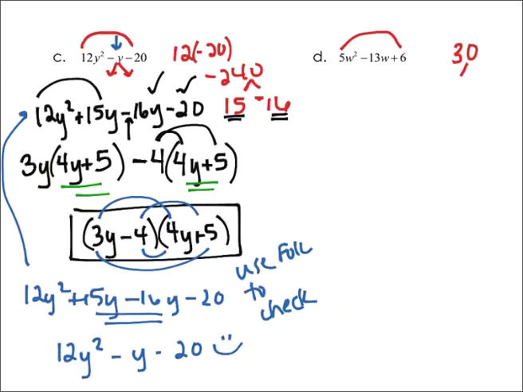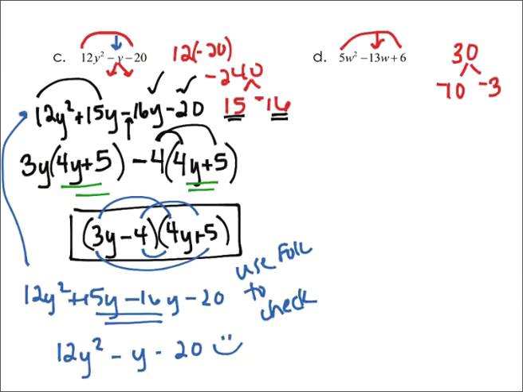You need to come up with two numbers that you can multiply to get 30 that are going to add up to a -13. So 10 and 3 is going to give me 30, but they're not going to add up to -13. If you make both of the signs negative, though, -10 times -3 is positive 30. -10 plus -3 is -13.